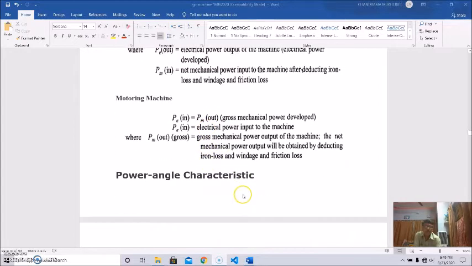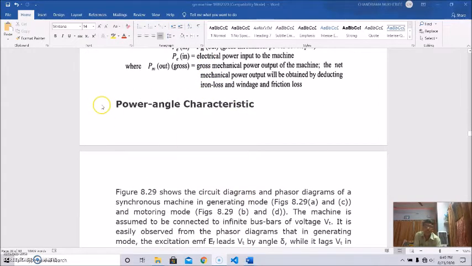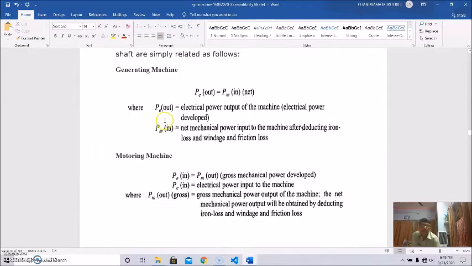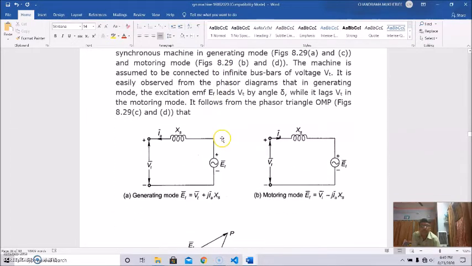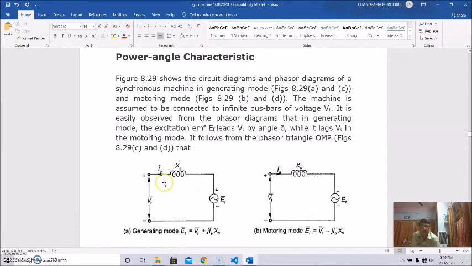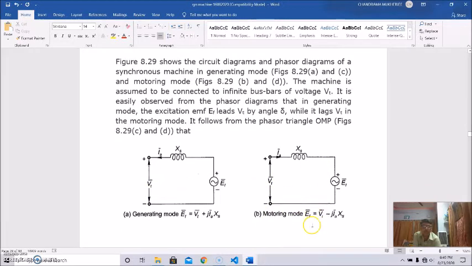So from this we come to the discussion of the power angle characteristics of the machines. Basically, this is the equivalent circuit of the synchronous machine in generating mode, and this is for motoring mode.